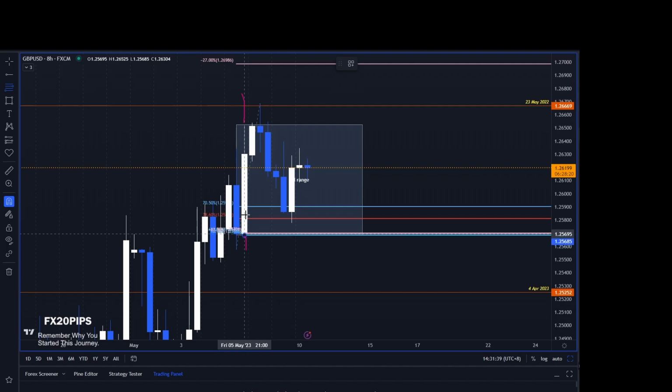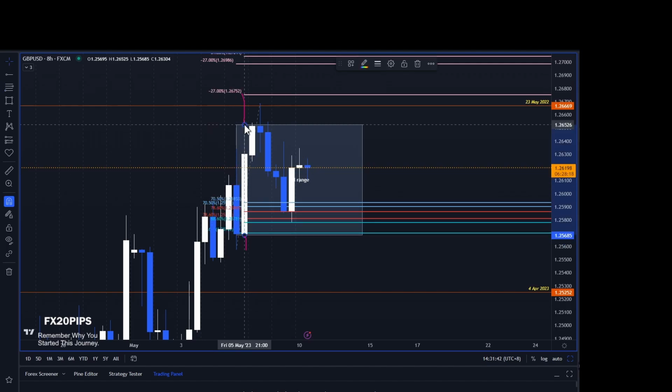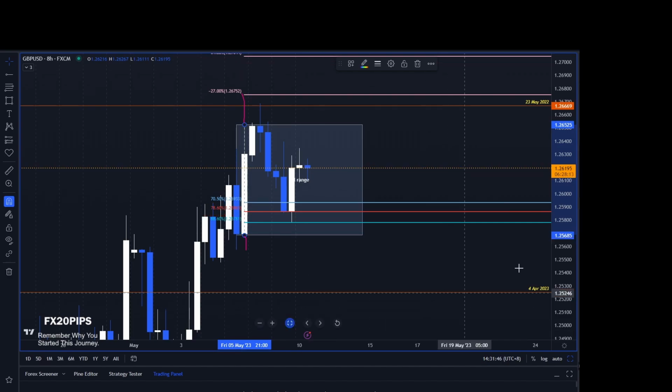So the low is here, and the high of the candle is here, and then I remove the other one. You can see that the reaction point, instead of at 78.6, is now at 88.6, which is also another important level. It's important because I have it here.